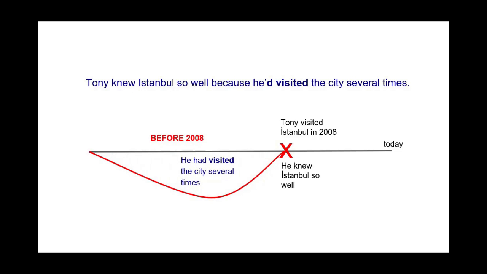When? Before the year 2008. So, we have two events that are entirely completed in the past. However, one action or one event happened before the other. And for that action, we use past perfect, and then for the other one, we use the simple past tense.